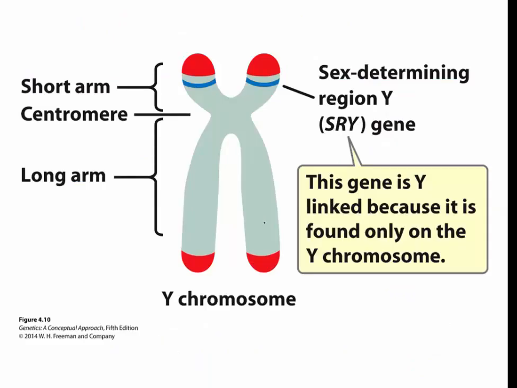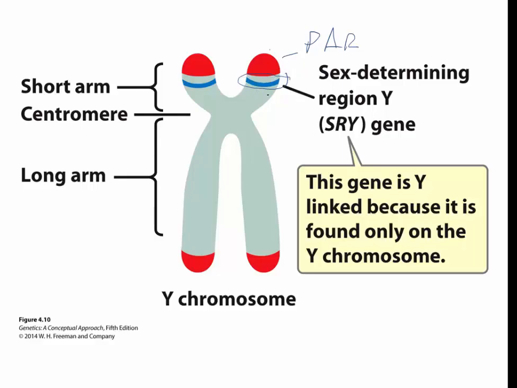There's a picture of the Y chromosome, sex-determining region of the Y. Notice it's way up here. It's really close to this pseudoautosomal region, PAR. So this is the part of the chromosome that looks like the X chromosome. And sometimes you get pairing with the X and you get crossing over.